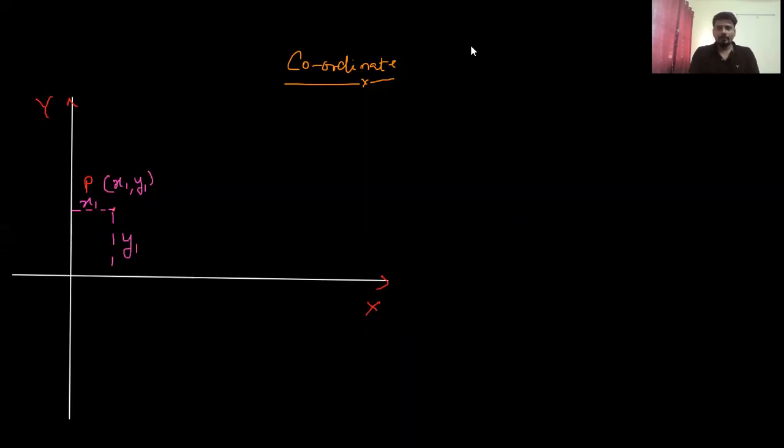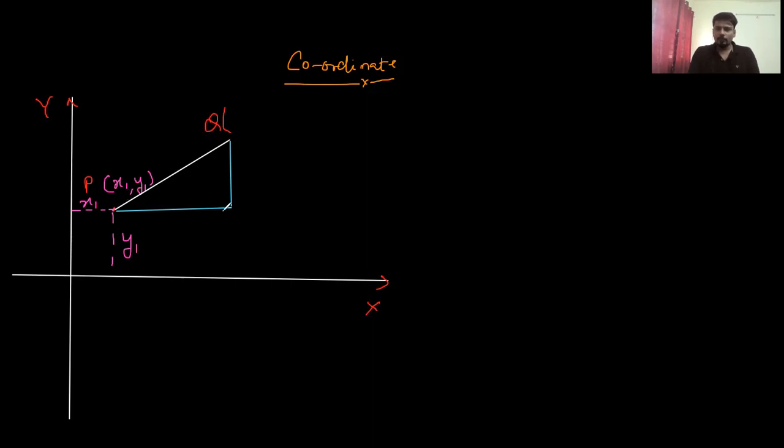Now, let's say I have moved from this point P to another point Q. While making my movement from P to Q, I moved along the x-axis as well as along the y-axis. What I mean to say is I have made a movement in the horizontal direction as well as in the vertical direction. We are now going to understand those movements individually.